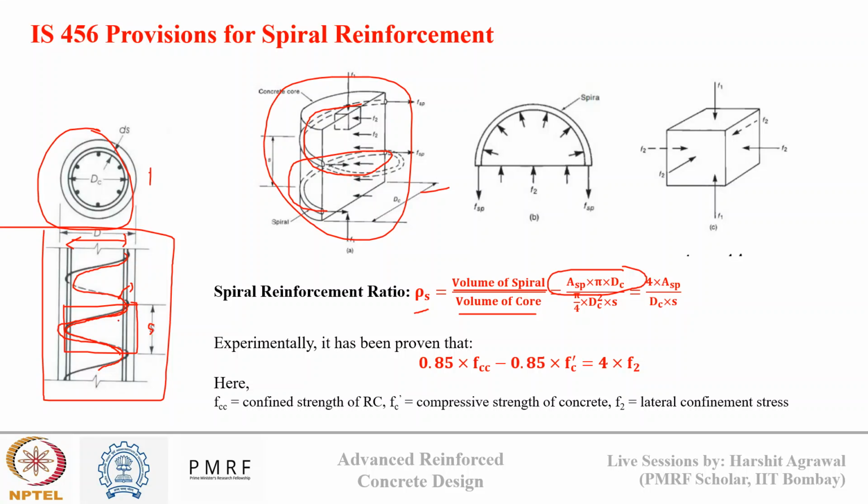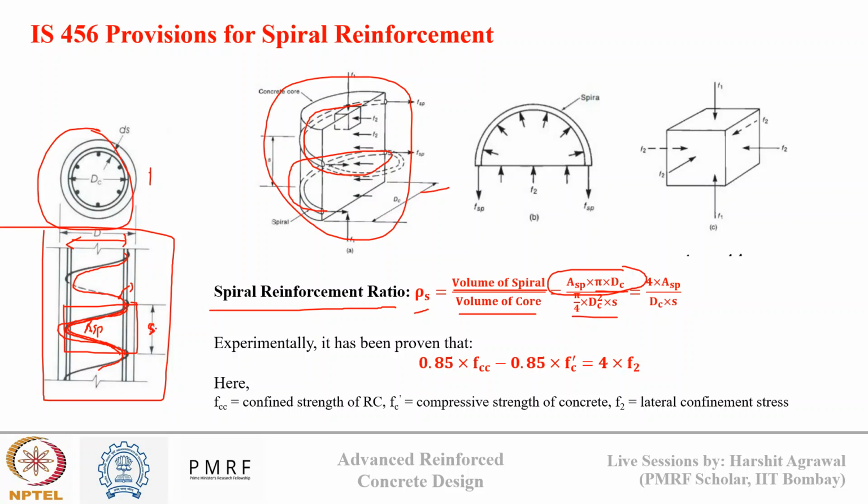This single spiral has an area of Asp, and the length of the spiral is nothing but 2 pi r, that's why I've written it as pi dc. The volume of core in this region is pi r square h, so pi by 4 dc square times h, which is my s. This is how I get the spiral reinforcement ratio.